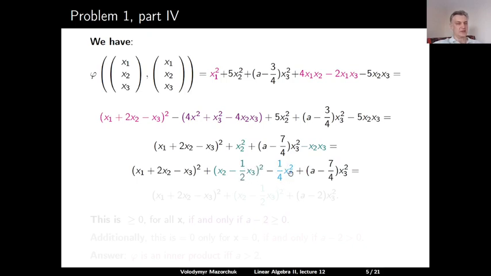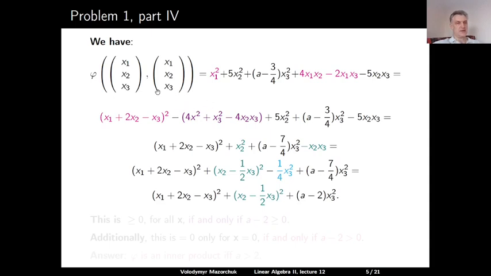So we subtract it. And then we copy also plus x3 squared with a coefficient (a minus 7) divided by 4. And now when we simplify this expression, we will get (x1 plus 2x2 minus x3) squared plus (x2 minus 1/2 x3) squared plus (a minus 2) x3 squared.